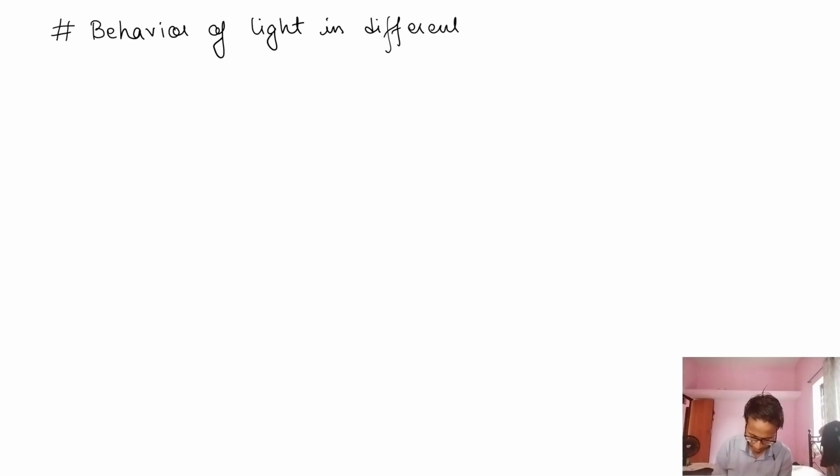So, behavior of light in different media. What do I mean by this? See, based on the parameter of refractive index, there are two kinds of media: optically dense medium and optically rare medium. So what do I mean by this?